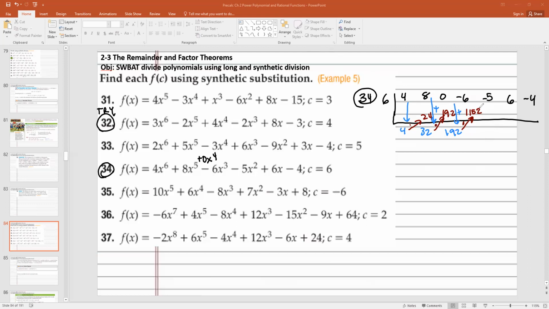Then we're going to add the -6 plus 1,152 is going to give us 1,146. Yeah, and then multiply. Gotta be kidding me. Who comes up with these numbers? All right, I'm going to use the calculator. I'm sorry. 1,146 times 6, 6,876. Yeah.